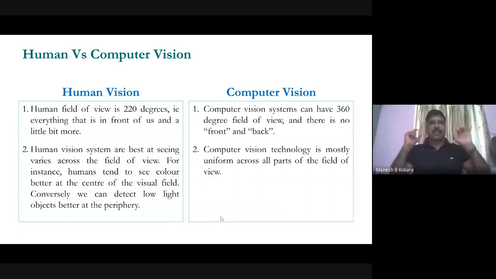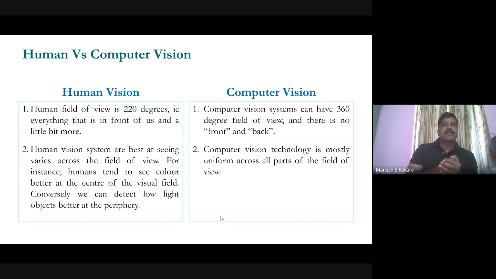And the field of view means we can see only up to 220 degrees. We cannot see what is happening at the back of our head. But in a computer vision system, we can see the complete 360-degree information. That is the first difference between the human vision system and the computer vision system.